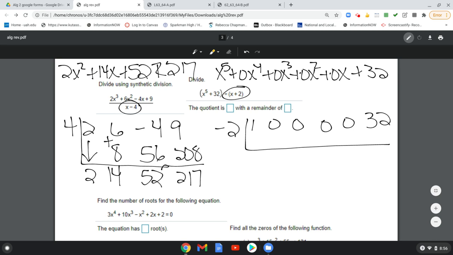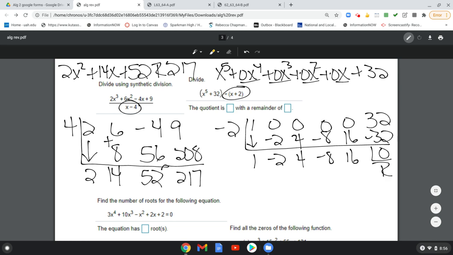Make sure you double check. 1, 2, 3, 4. So I'm going to bring down the first number, multiply, then add, multiply and add, multiply, add, multiply, add, multiply, and add. Remember, this number is your remainder.